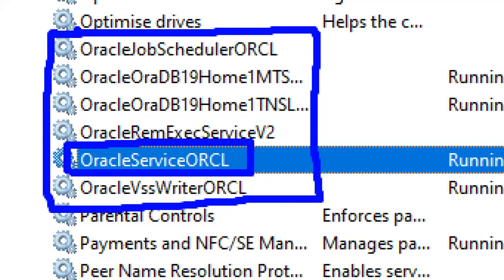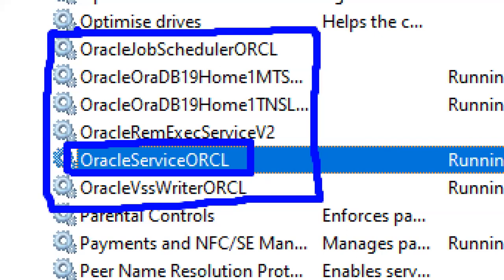This is just a verification after installation: did my installation succeed or fail? If it is there, no problem. If it is not there, then you didn't install properly, and you have to reinstall.